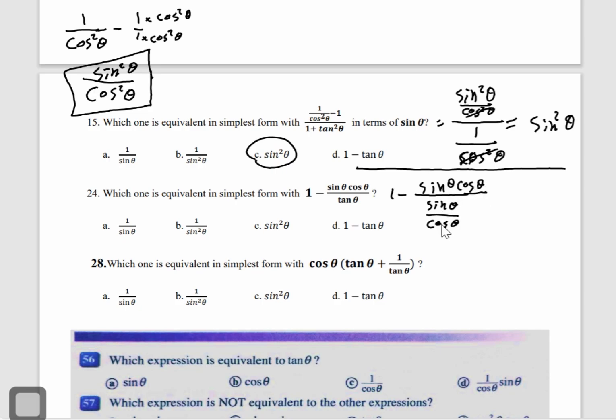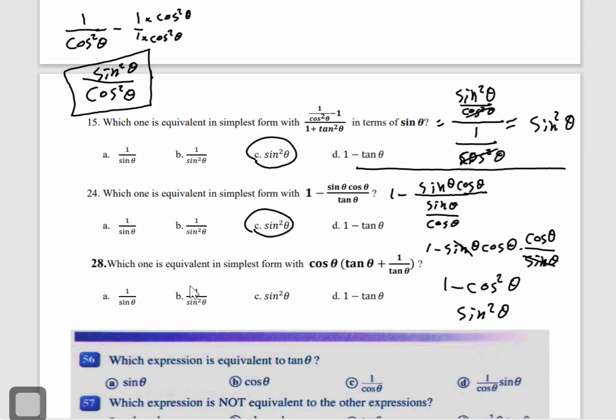Flip sine over cosine, it will be 1 minus sine theta cosine theta multiplied by cosine theta over sine theta. Sine with sine will cancel. Cosine multiplied by cosine, it will be 1 minus cosine square theta, and that one will be sine square theta. So that one is also true.